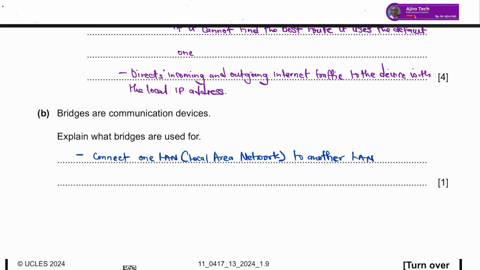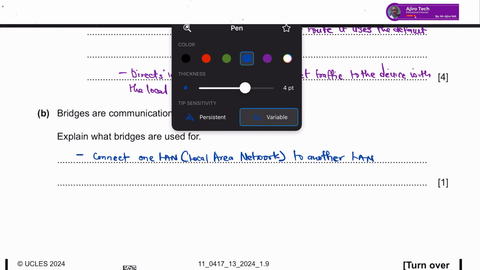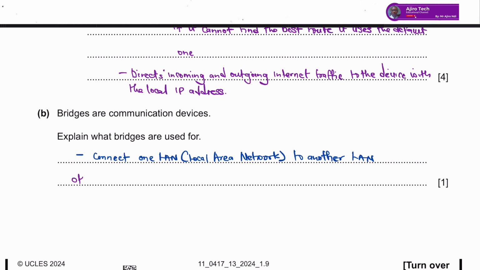Okay, for others, it uses the same protocol or communication rule.